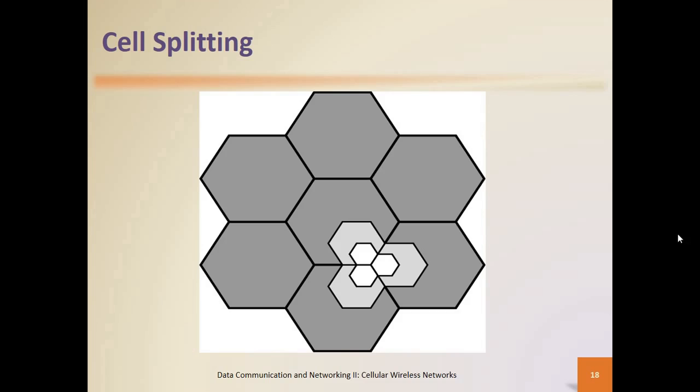Other cell capacity increments also include, besides cell splitting and the frequency reuse of borrowing frequencies, cell sectoring or sectioning, where we divide the cells into wedge-shaped sectors, from maybe 3 to 6 sectors per cell, each with its own channel sets, with subsets of cell channels to address the transmission needs.